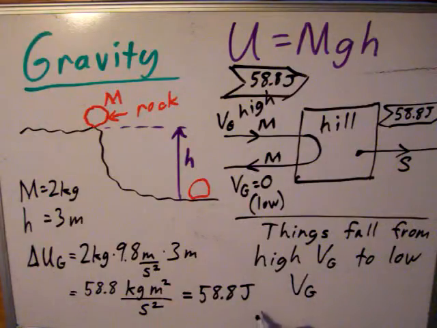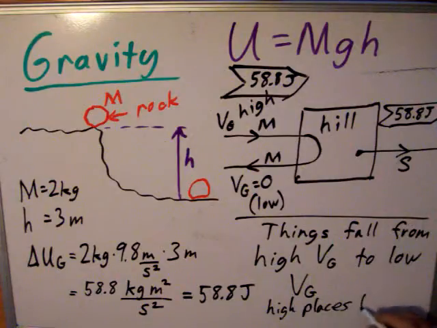Vg is the same thing as height, so we could also say that things tend to fall from high places to low places.